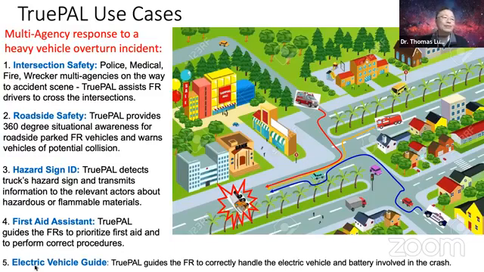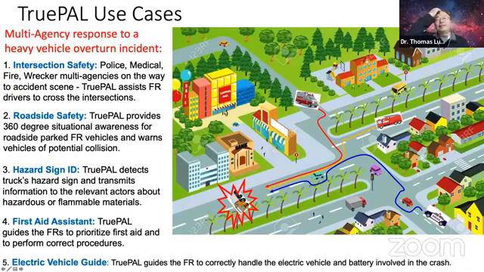And the last one is a recent problem: we have more and more electric cars involved in crashes. So how do we handle an electric car? Because it has a very high power battery in the car. So we have to be very careful. Otherwise you get shocked by the battery. All right, so these are the scenarios we need to solve.